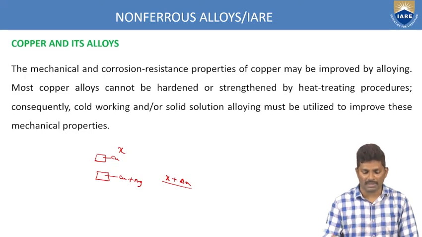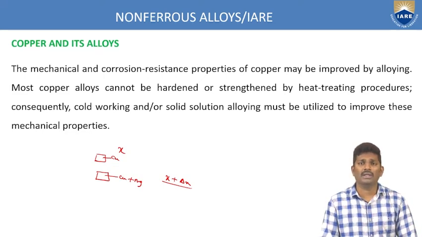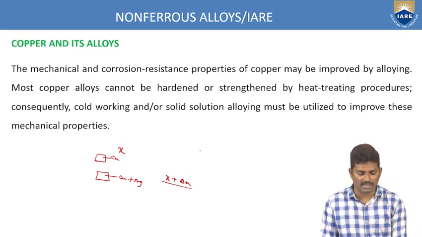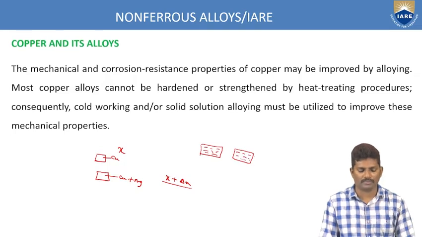And also, most copper alloys cannot be hardened or strengthened by heat treatment process. Generally, heat treatment means, as I discussed in the previous sessions, if any irregularities are there in the material, these irregularities can be altered and made into a regular body by the heat treatment process.